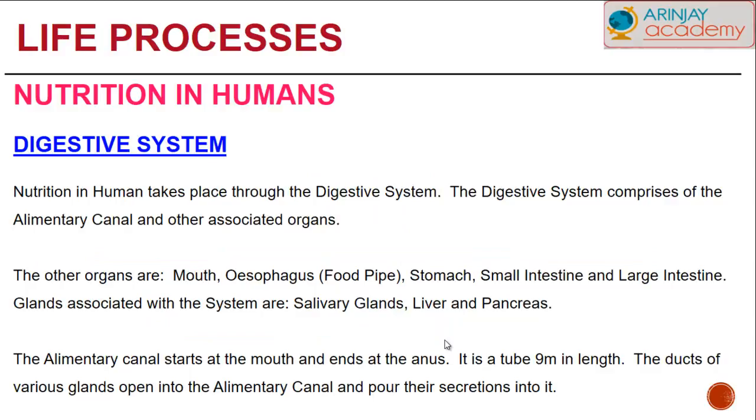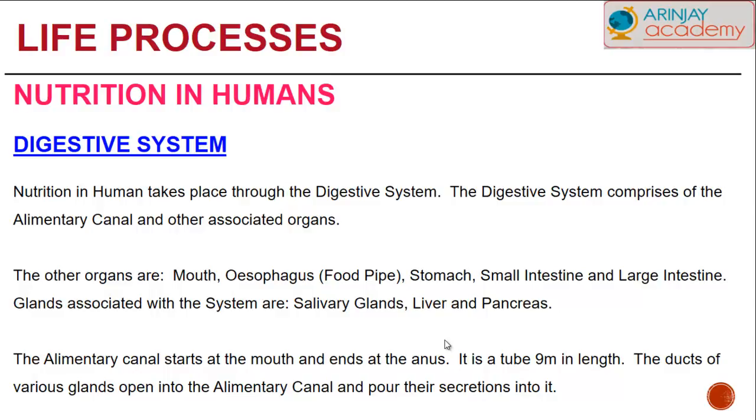Let's take a look at the digestive system. We know that nutrition in animals, or humans as a matter of fact, takes place only through the digestive system. The digestive system is different in different animals. It comprises the alimentary canal and other associated organs.